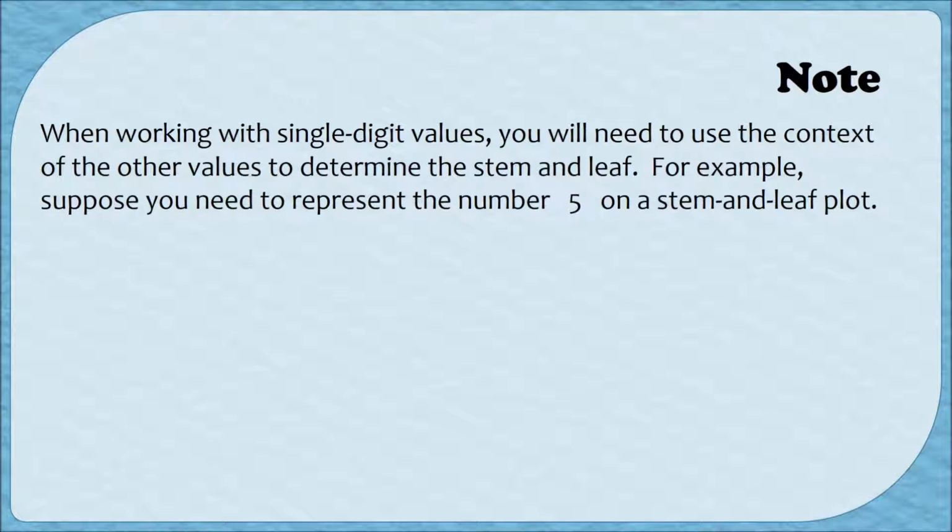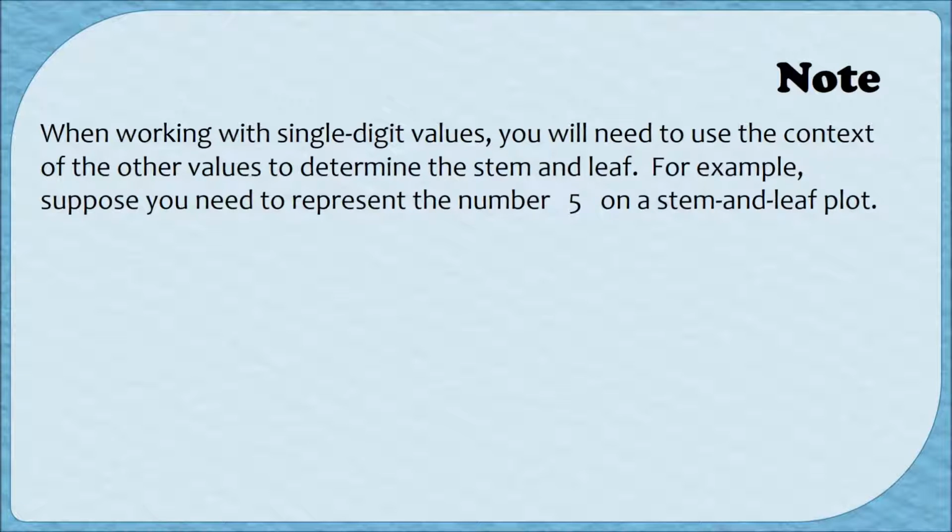Now, when your data consists of single-digit values, we're going to have to use the context of the rest of our data set to figure out what the stem and the leaf should be. So for example, let's say I needed to represent the number 5 on a stem and leaf plot. The way that I think about the number 5 is going to change depending on what the other values in my data set look like.